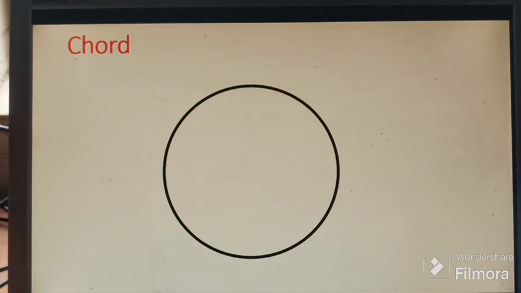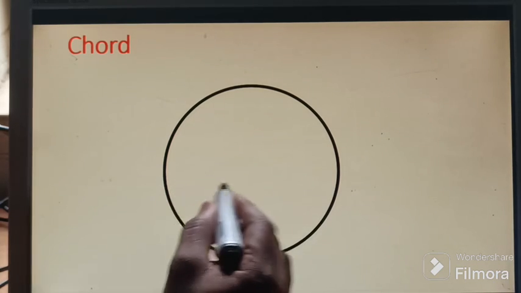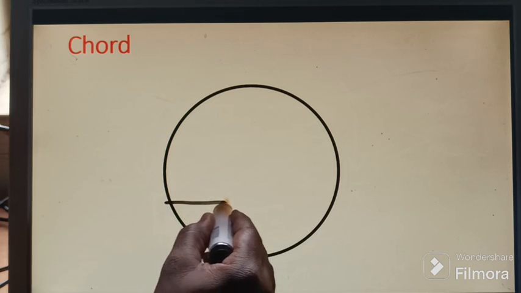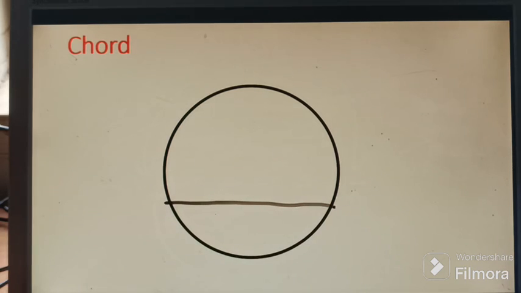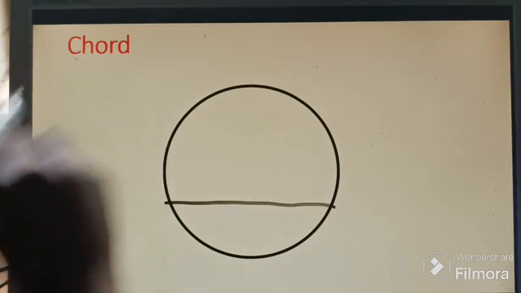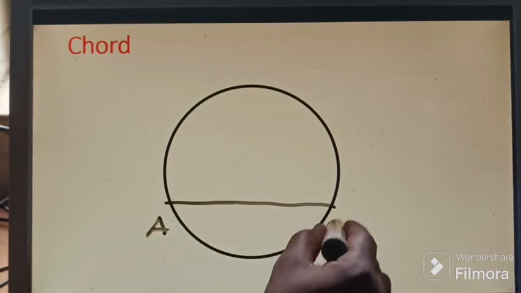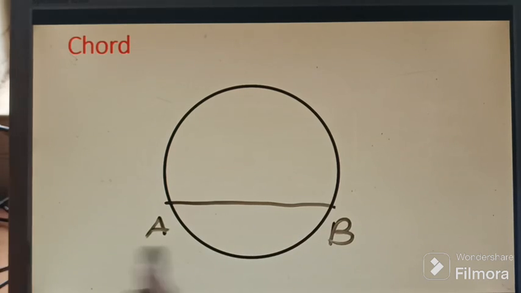Then let's look at a chord. What is a chord? Basically a chord is a straight line that cuts our circle at 2 points on the circumference. So when it cuts, let's say this is point A and this is point B, it means this is a chord.